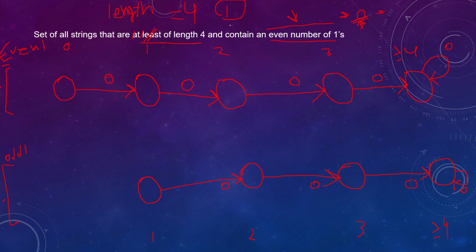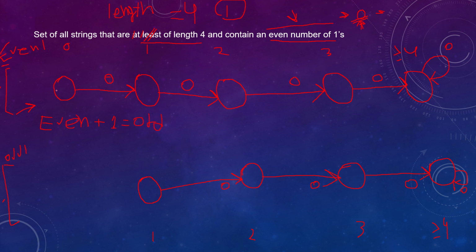Now how will our DFA act when we get a symbol of 1? If we are in an even state, that means we have an even number of 1, right? Then if we get another 1, even plus 1 equals odd.